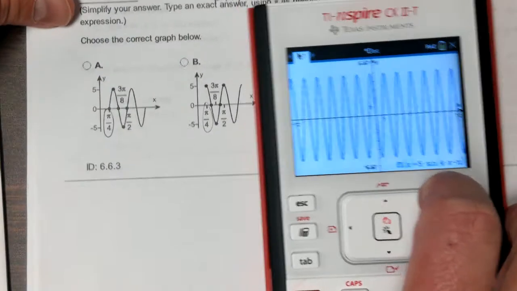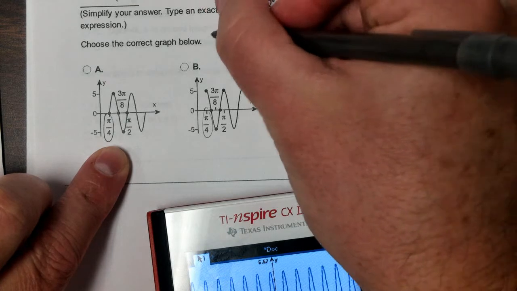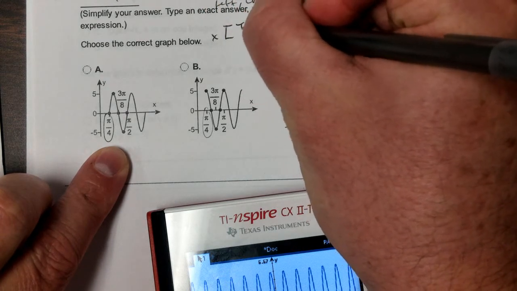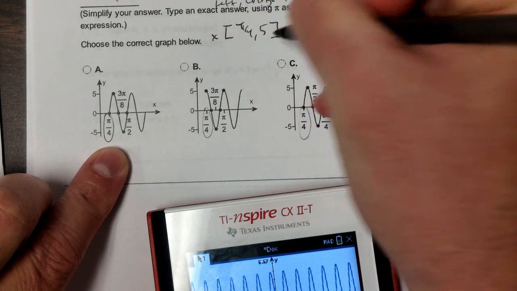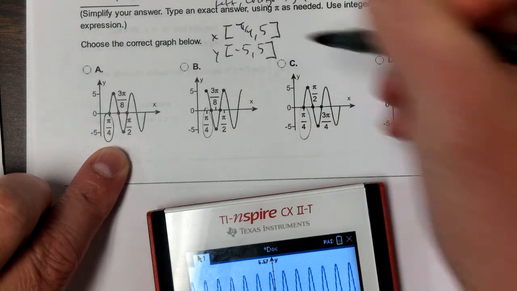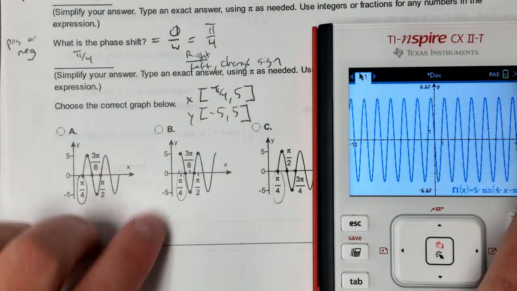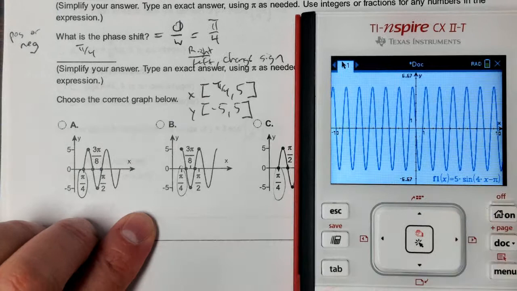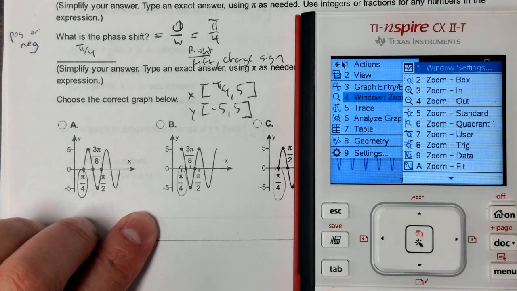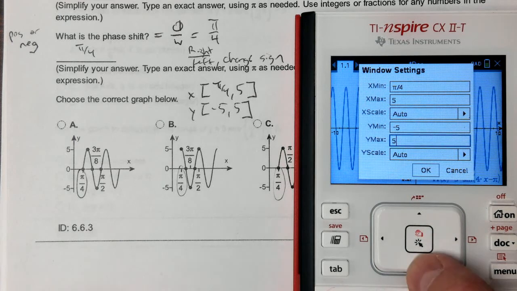So we basically want to go from pi fourths to 5, and from negative 5 to 5 for y, because our amplitude was 5 and there's no vertical shift. So go to your window settings and change it from pi fourths to 5, and then this from negative 5 to 5.